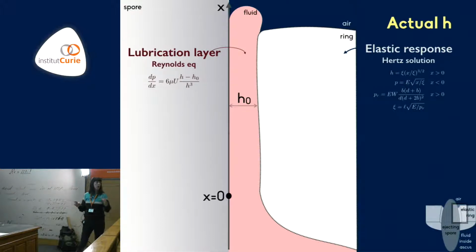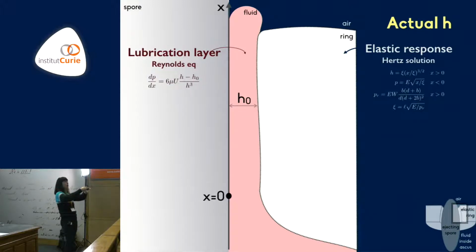What is PR determined by? Well, to leading order, if there was no gap thickness, it would be just a static ring deformed by the presence of the spore. The spore is huge and it's squeezing out of the ring. So mainly PR to leading order is determined by, again, static linear elasticity.